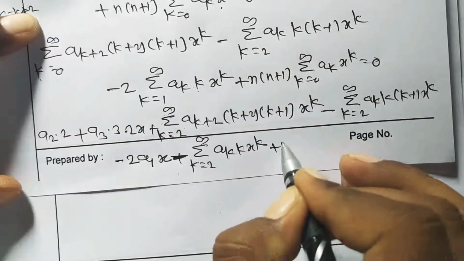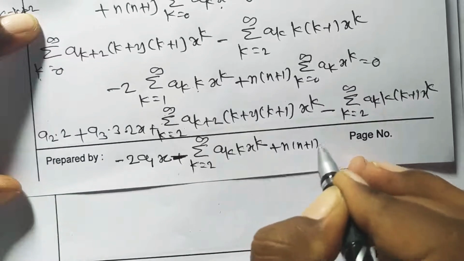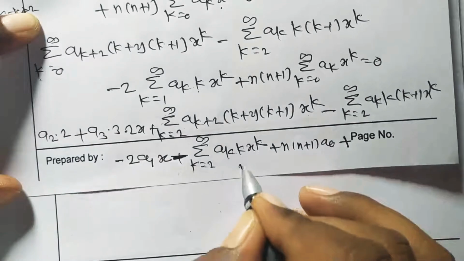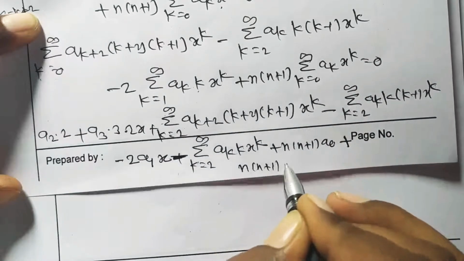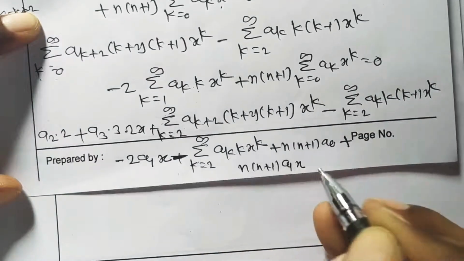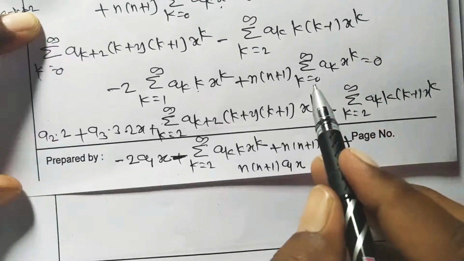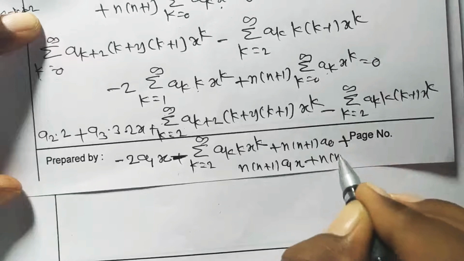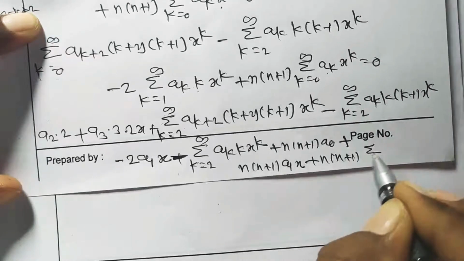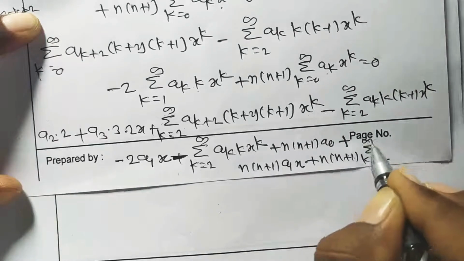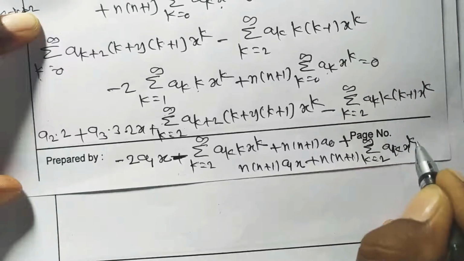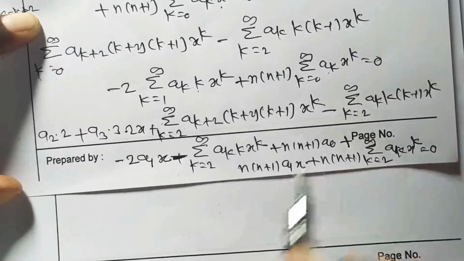So if you expand for n equal to 0, then n into n plus 1 a0 will come, and plus n into n plus 1 a1x, okay, for k equal to 1 we get a1x, and plus n into n plus 1 summation of k varies from 2 to infinity a_k into x to the power k equal to 0.